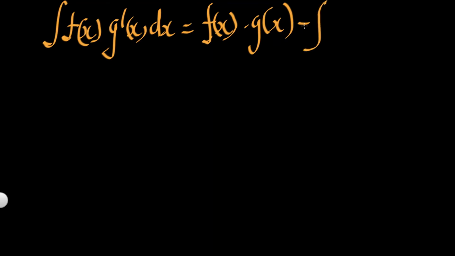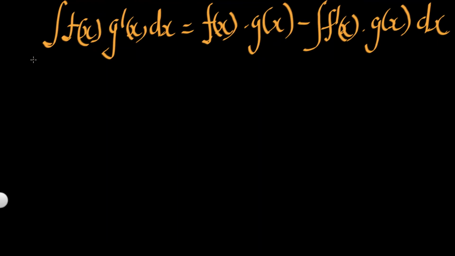So the formula says the integral of f of x g prime of x dx is equal to f of x times g of x minus the integral of f prime of x times g of x dx.